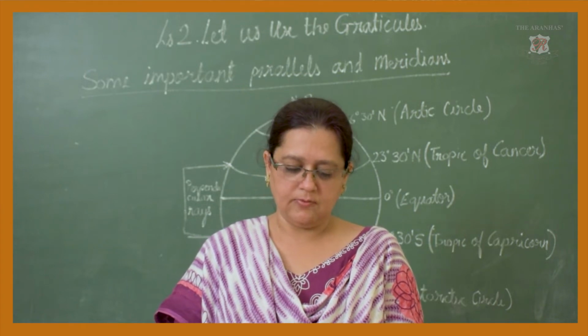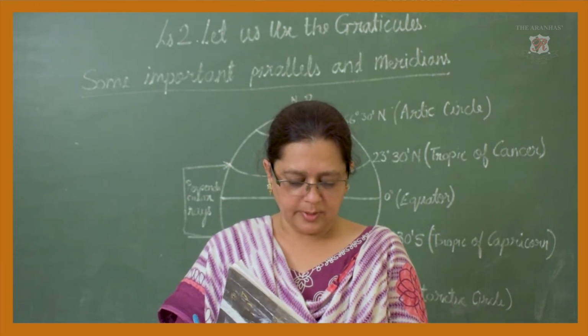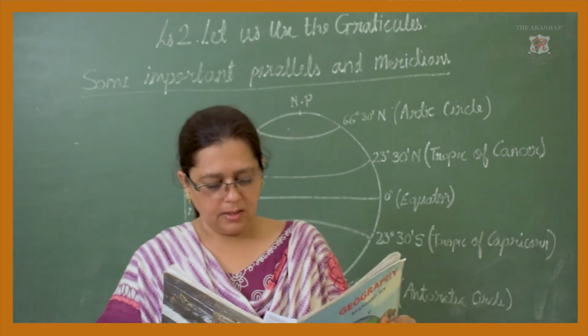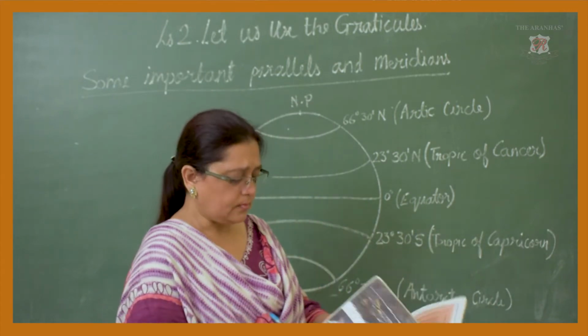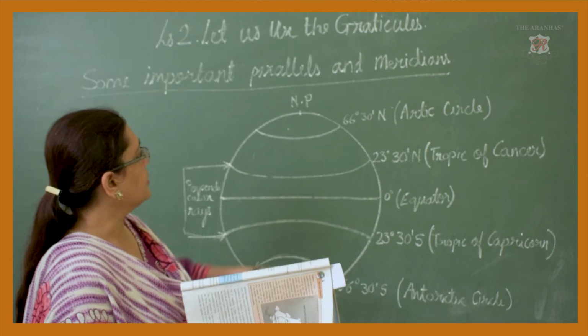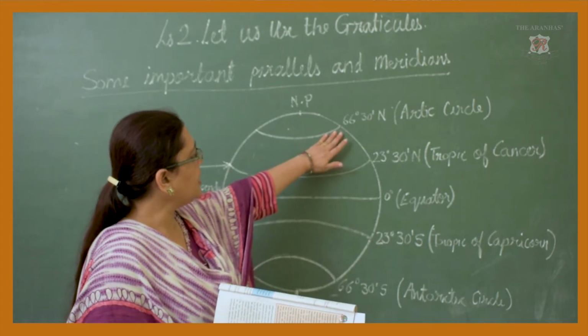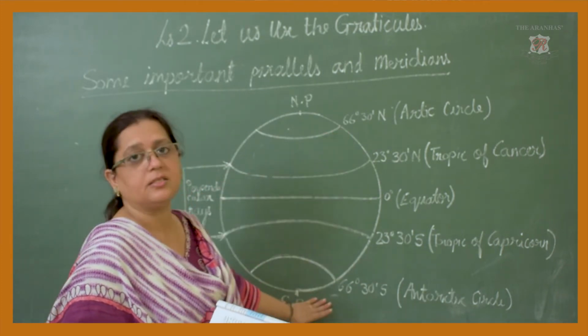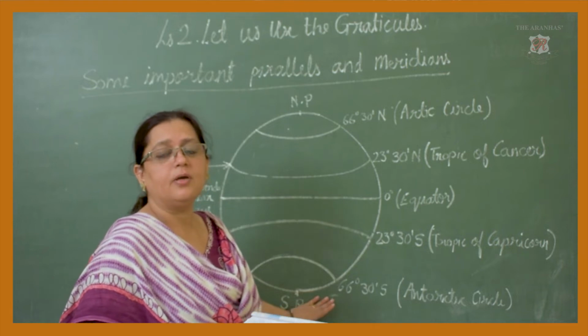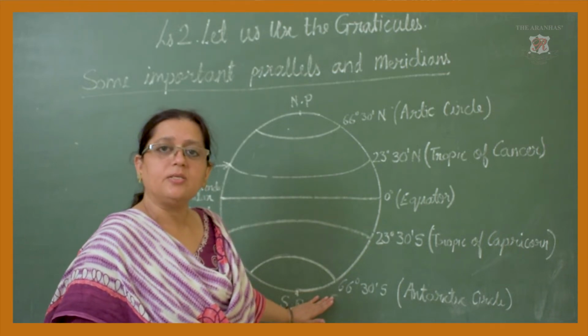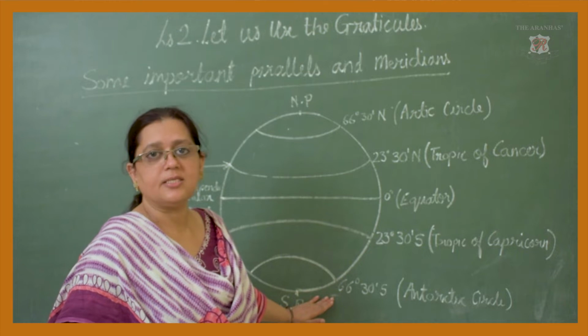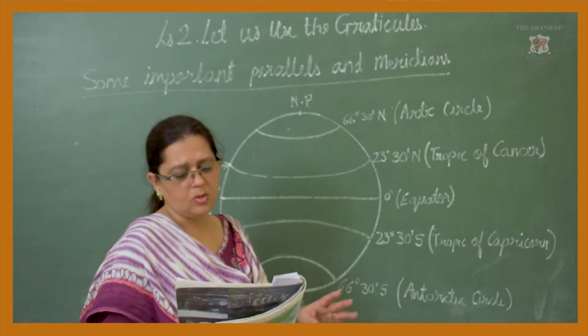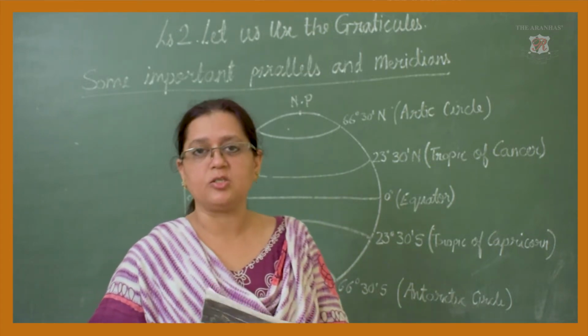These zones give rise to the pressure belts. Take the example of the Arctic Circle and Antarctic Circle. We receive 6 months day and 6 months night. So these zones arise due to the pressure belts.